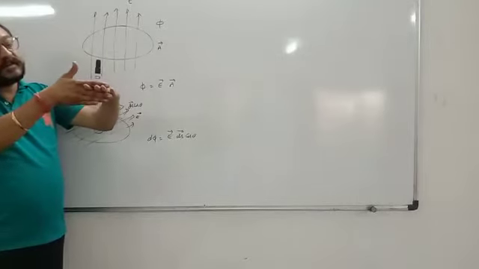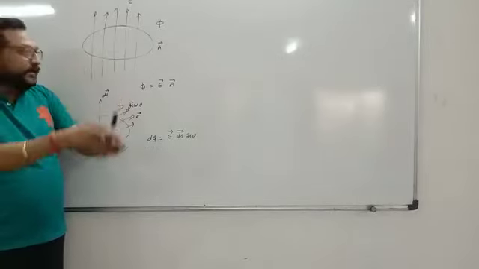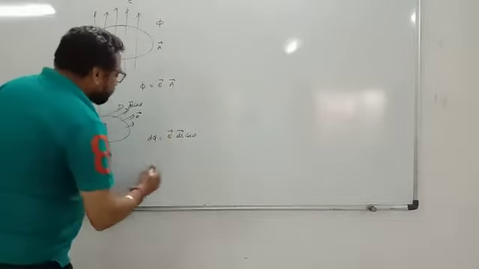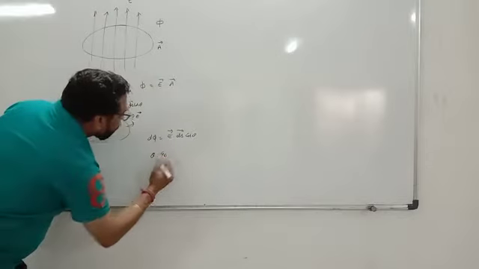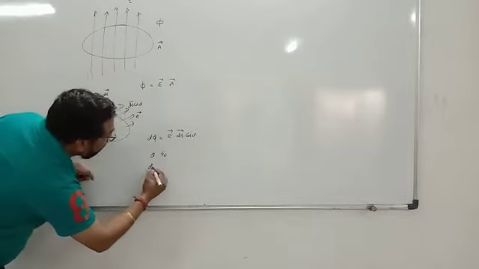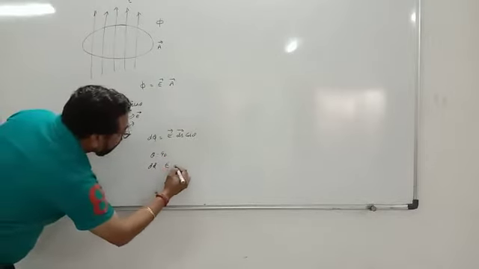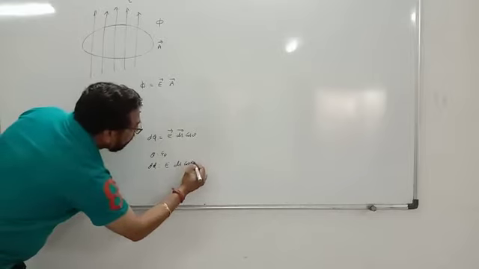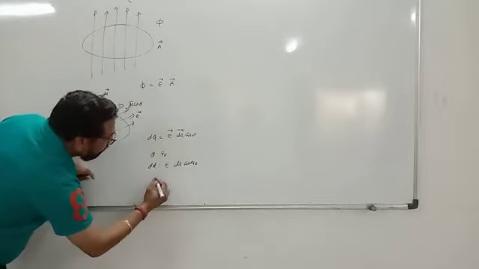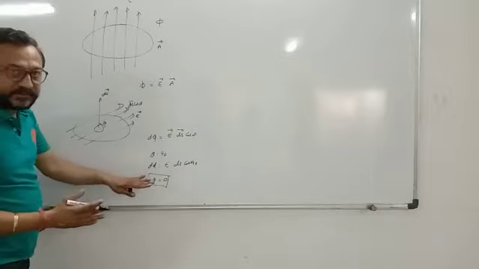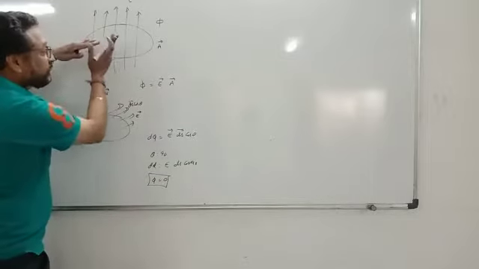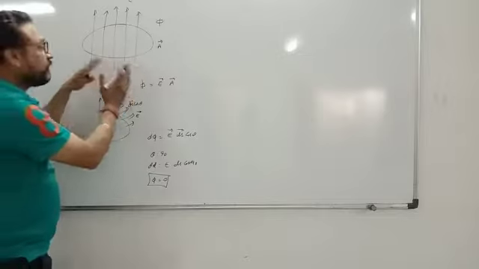In this condition they make 90 degrees, so theta is 90 degrees, and d phi is equal to E ds cos 90 degrees. That means the flux becomes 0. No flux is related in this condition. But in this other condition, we get the maximum flux.